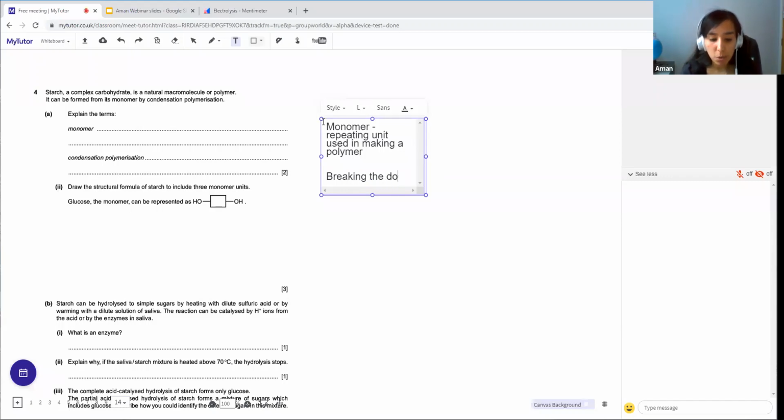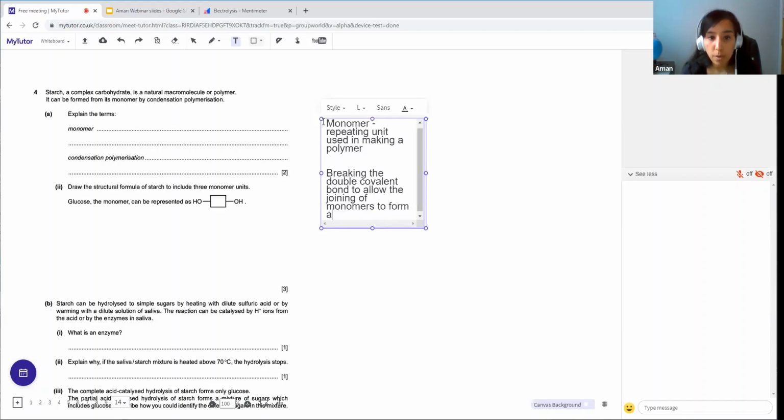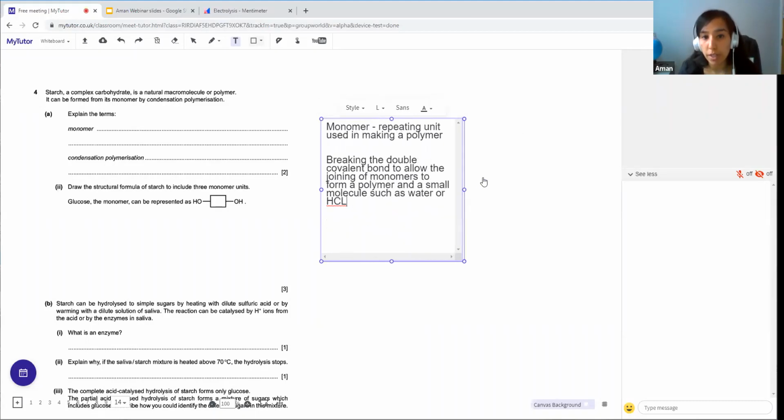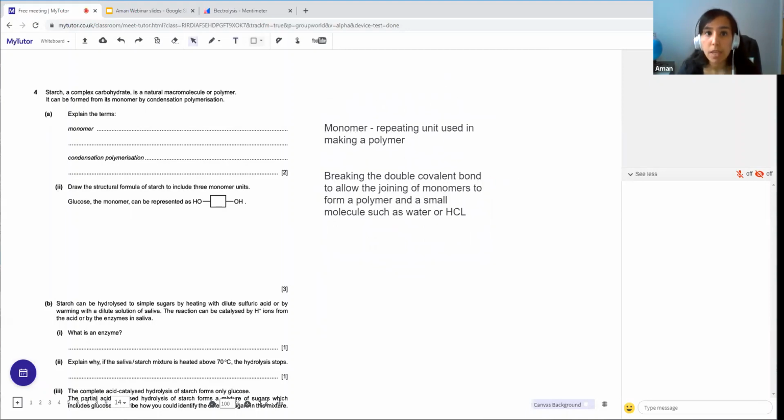So breaking the double covalent bond to allow the joining of monomers to form a polymer, and as someone said, a small molecule. Don't forget, it's not always water. It can be hydrogen chloride, so such as water or HCl. It's not hydrochloric acid, it's hydrogen chloride there, so usually as a gas.